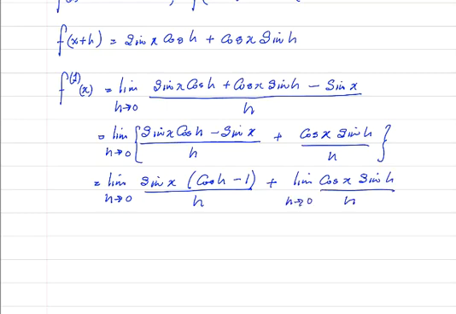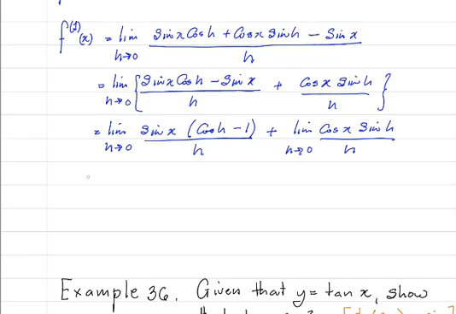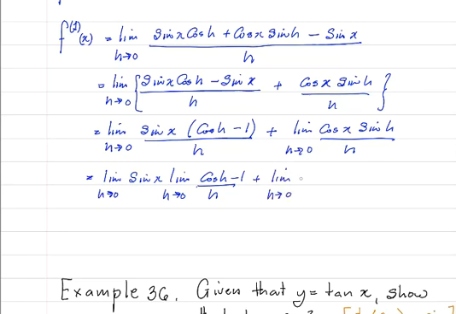All right, so this would be the limit as h approaches 0 of sine x times the limit as h approaches 0 of cosine h minus 1 over h, plus the limit as h approaches 0 of cosine x multiplied by the limit as h approaches 0 of sine h over h.